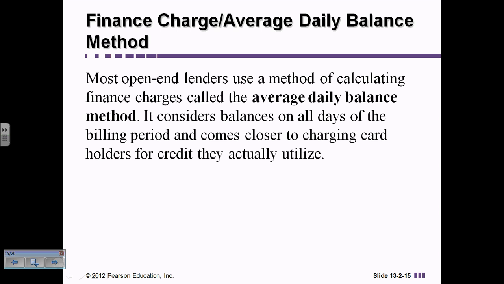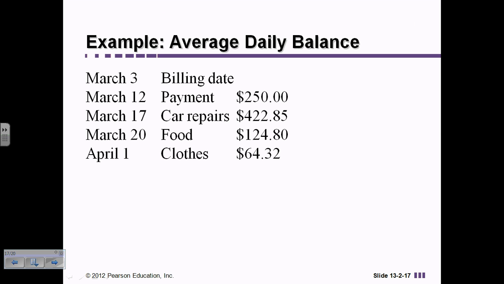So let's look at this. The billing cycle starts on March 3rd. On March 12th, you make a payment of $250. On March 17th, you have car repairs for $422.85. On March 20th, you buy some food for $124.80.